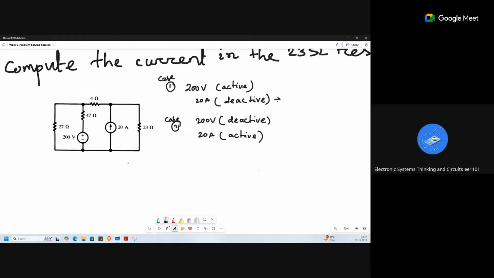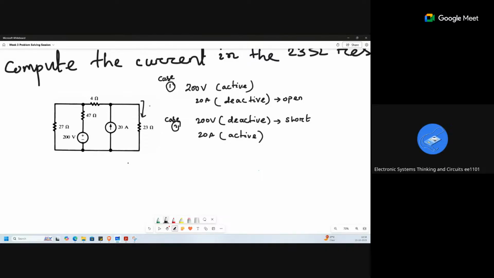Deactivating the current source means open circuit. Deactivating the voltage source means short circuit. And we have to find the equivalent resistance in both conditions. That depends upon how you are solving; it is not compulsory.